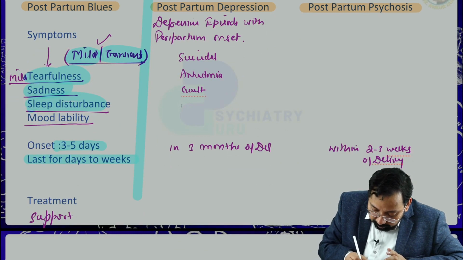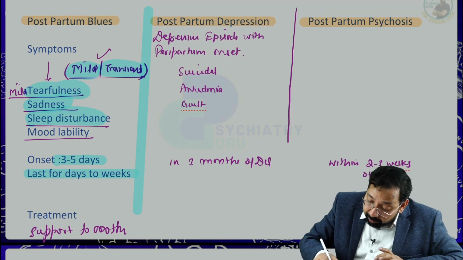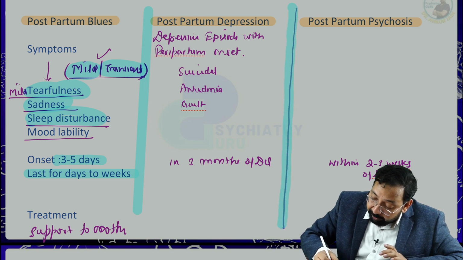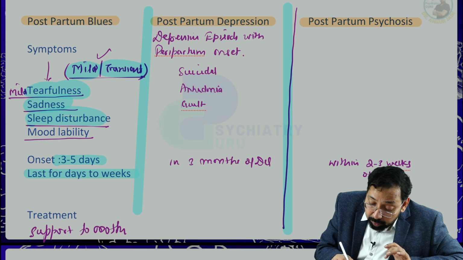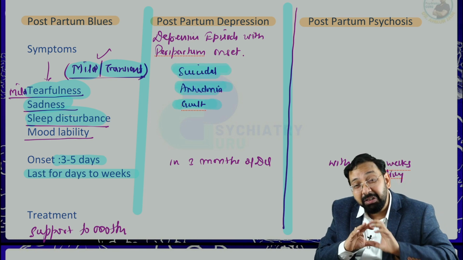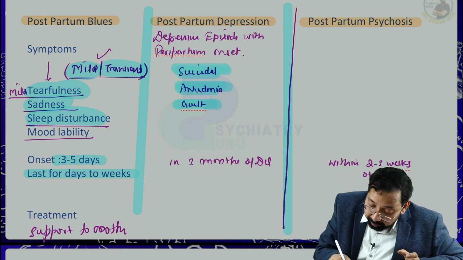But in postpartum depression, if depressive symptoms are given and you find the words suicidal tendency, anhedonia, guilt, severe symptoms, then you will mark the answer postpartum depression.